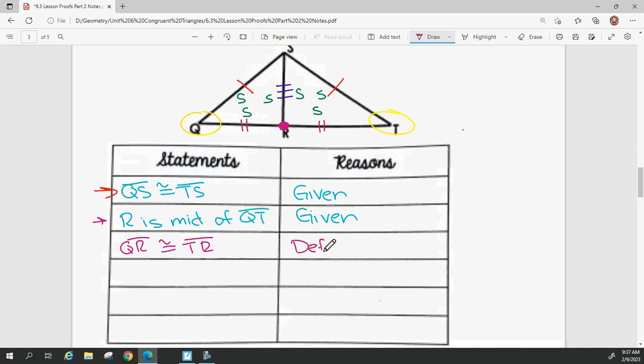And that was by definition of midpoint. And then we were able to mark this middle piece because of the reflexive property, so we need to write that. So we're basically just saying that that side is congruent to itself. We call that the reflexive property.